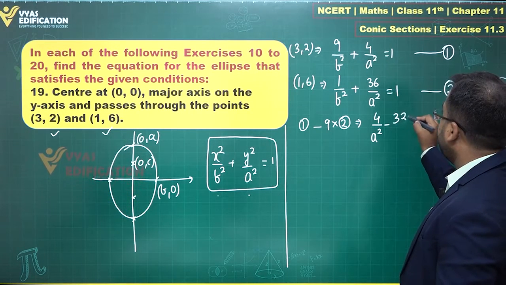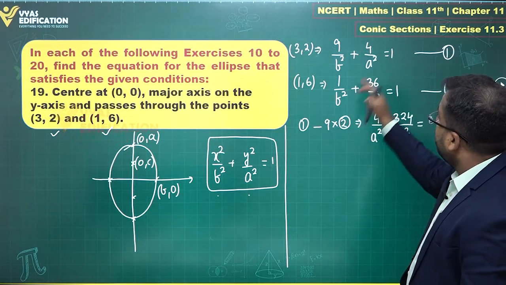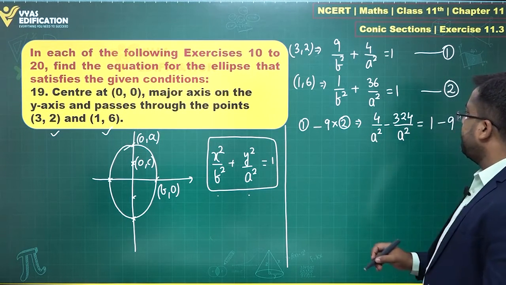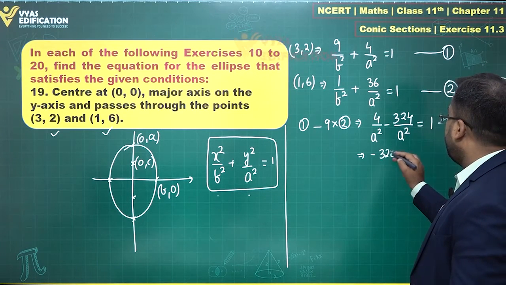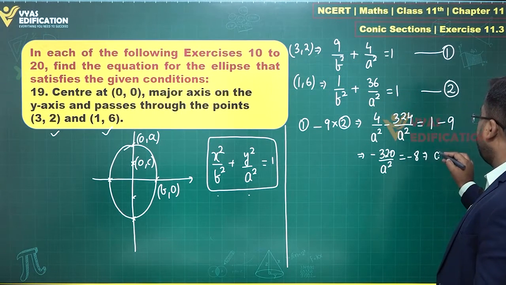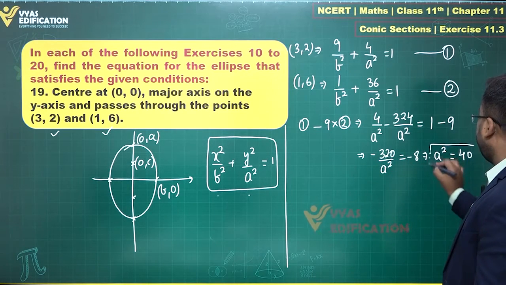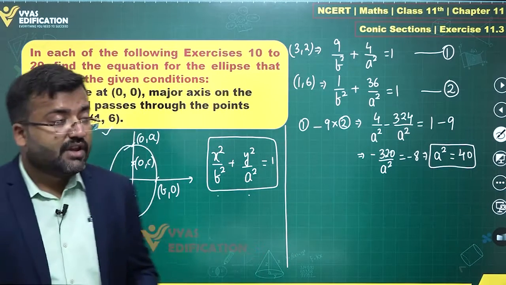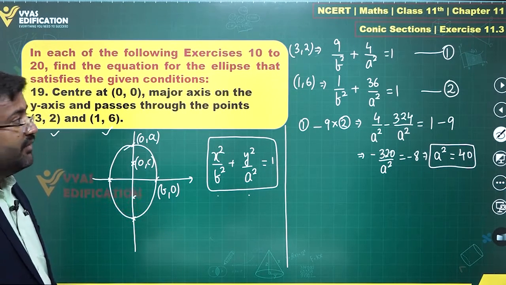So minus 324 upon a square is equal to 1 minus 9 times this one, which is 9. This becomes minus 320 upon a square is equal to minus 8, or a square is equal to what? 8 times 4, this is 40. A square is simply equal to 40. Please observe that calculation. It is a simple calculation, but nevertheless, a square is 40 that we obtain over here.